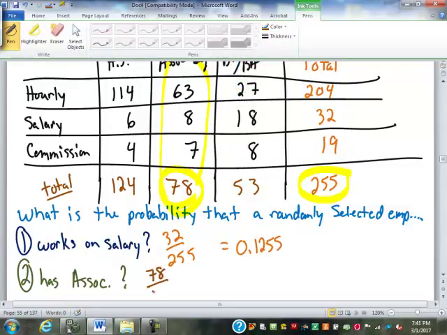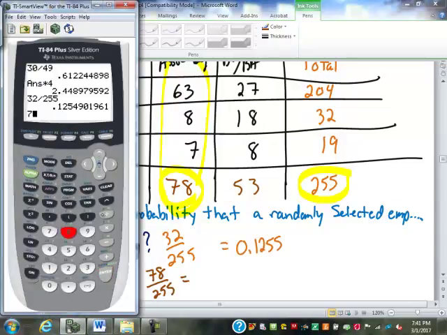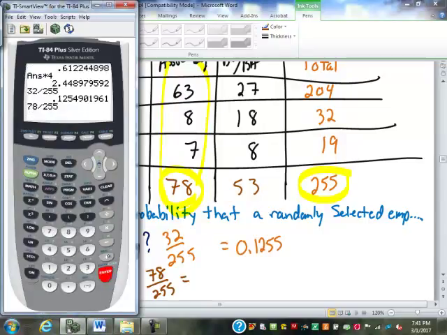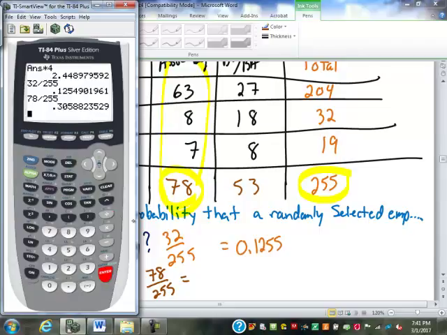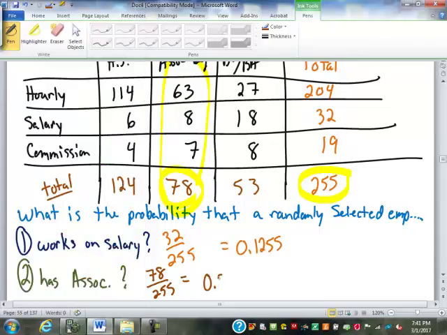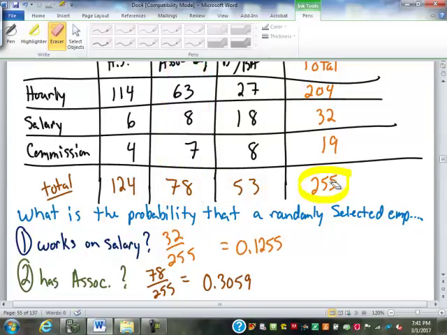So that's 78 out of 255, which is 0.3059. So about 30.59% have an associate degree. So you guys get the picture there, right?